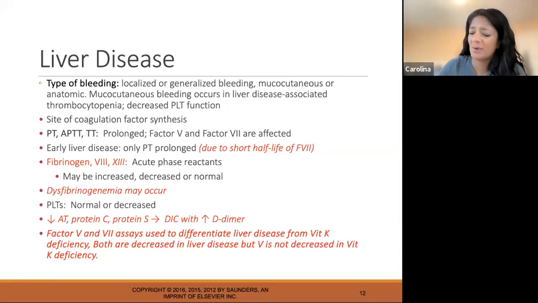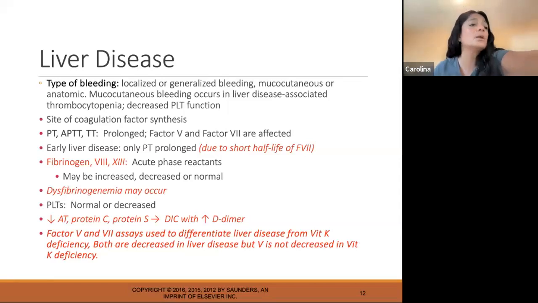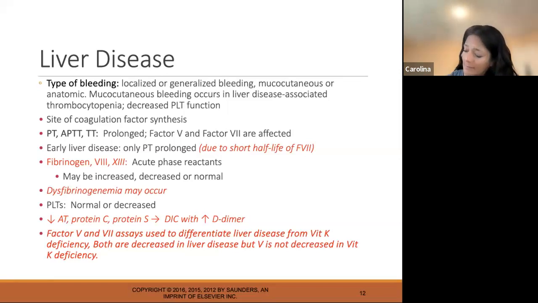Because they're a little bit similar, not always, but we can confuse the two. So we do assays for factor 5 and factor 7 to differentiate liver disease from vitamin K deficiency. Both factor 5 and factor 7 are decreased in liver disease, but factor 5 is not decreased in vitamin K deficiency.